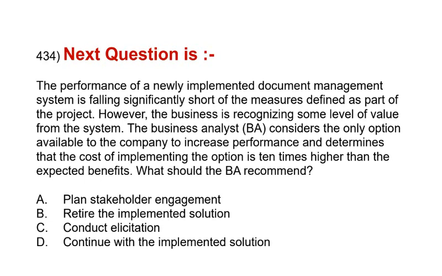The business analyst BA considers the only option available to the company to increase performance and determines that the cost of implementing the option is 10 times higher than the expected benefits. What should the BA recommend? Option A, plan stakeholder engagement. Option B, retire the implemented solution. Option C, conduct elicitation. Option D, continue with the implemented solution.